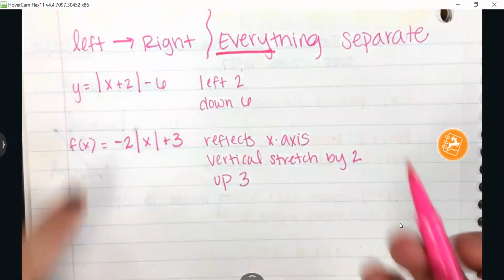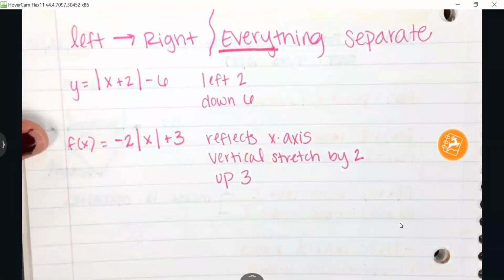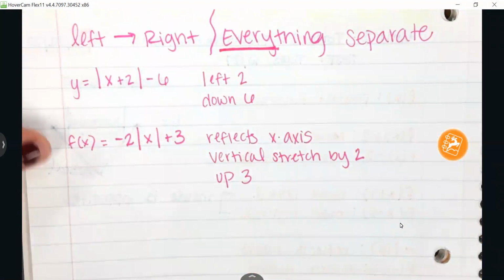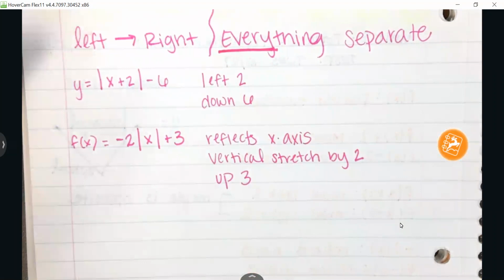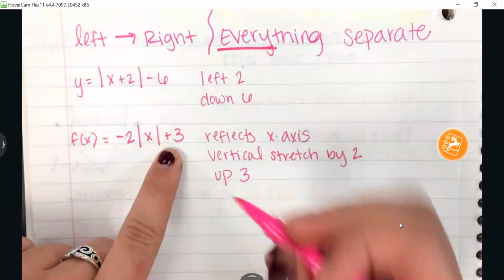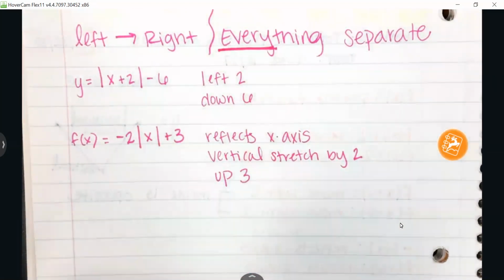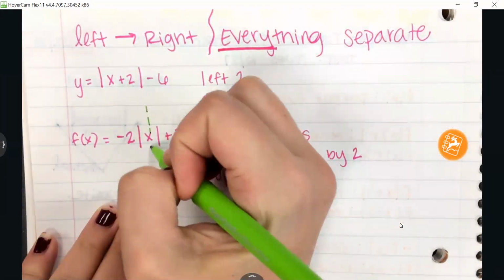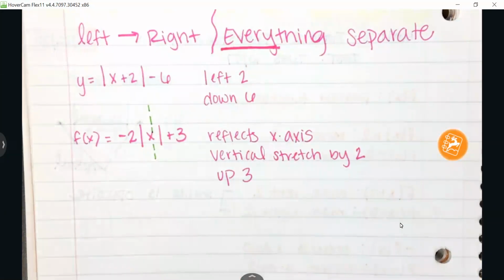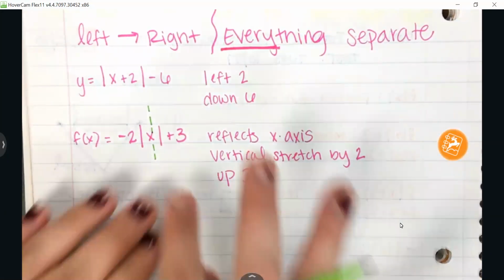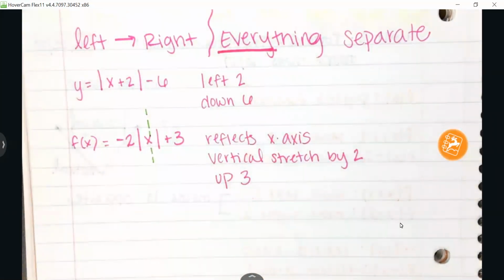Let's try another one because I need y'all answering me so I know you understand it. That +3 told me it moved up 3. Everything before the x means it's doing a stretch, a compress, or a reflection. Everything after the x is a movement.